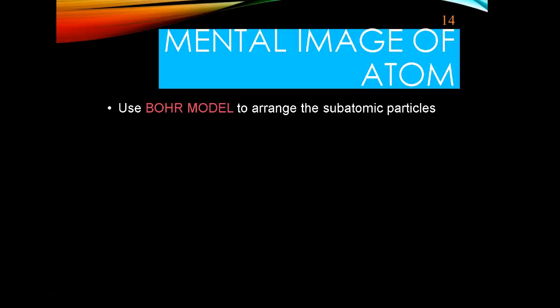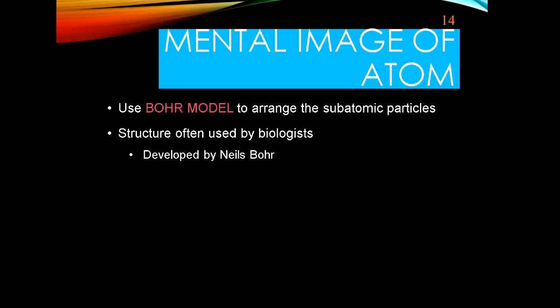Early on, we learned where each of those was located, so it shouldn't be that hard for us to figure out how to draw this structure. Niels Bohr is responsible for this structure that is currently used by biologists. So the question is, what do we need to know about each atom in order to draw a Bohr model for each of them?